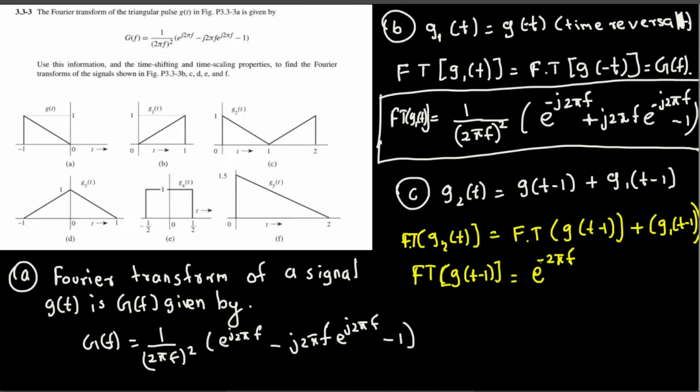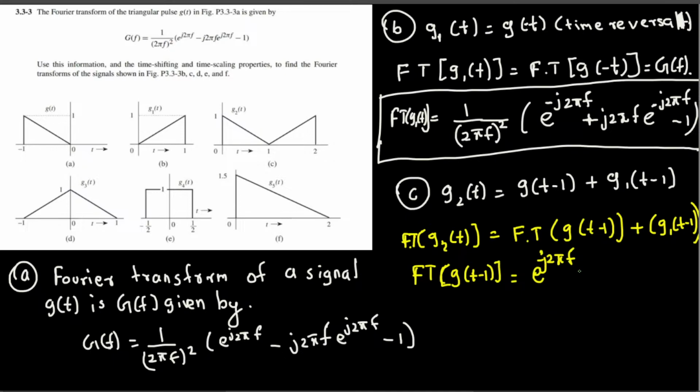If you put a negative, that's 1 unit to the right. If you put a positive, that is 1 unit to the left. So here we want 1 unit to the right, so we put negative, and there should be a j as well: e^(−j2πf).